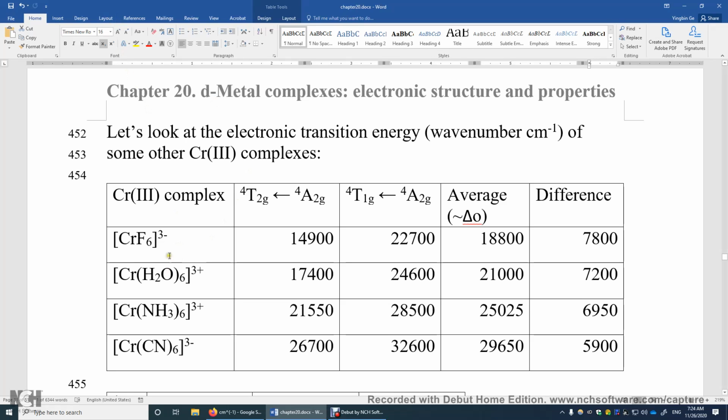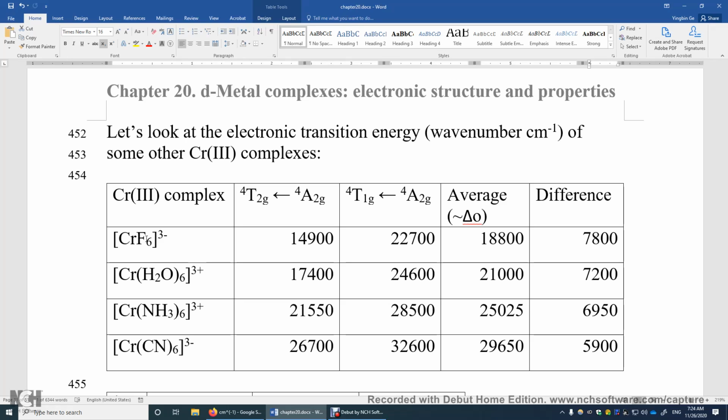And fluorine has 4 lone pairs. So 1 lone pair is used to form a sigma bond between the chromium transition metal center and the fluorido ligand.